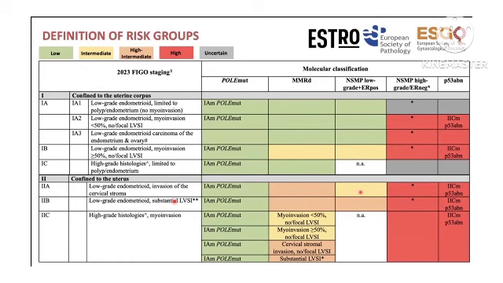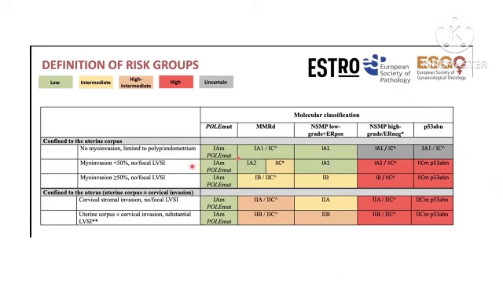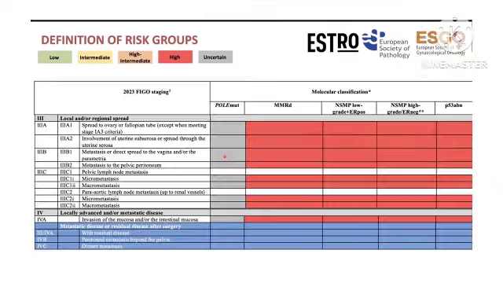So these images are from the European guidelines, which were recently published in Lancet Oncology. If you see that the low stage tumor, stage 1 and stage 2, if you find poly mutation, it carries low risk. The green color represents low risk. If you find poly mutation in stage 3 and beyond, the prognostic significance is uncertain as of now.